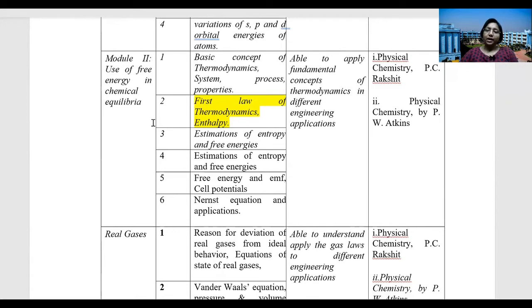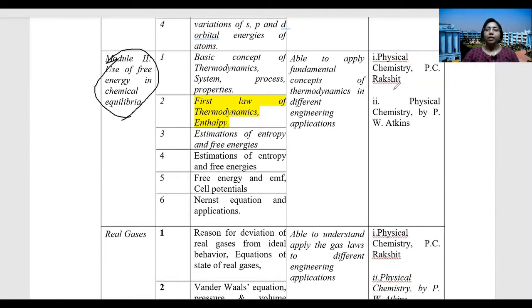And during the class, you can do the interactive session. Today I will cover module 2, the use of free energy in chemical equilibrium.